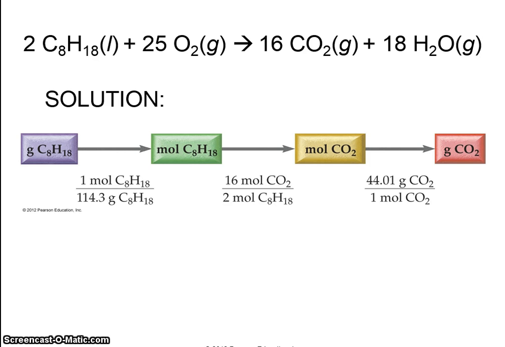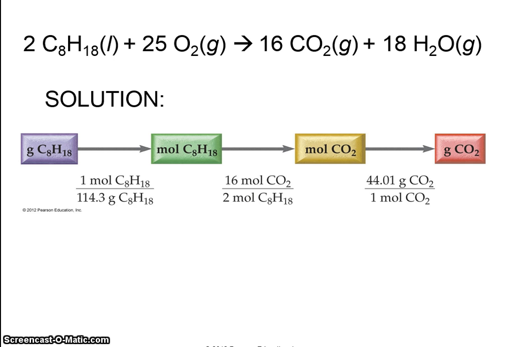So here we go. We know that with the molecular weight of octane, we get 114.3 grams of octane. So we can make this relationship of 1 mole of octane to 114.3 grams of octane.